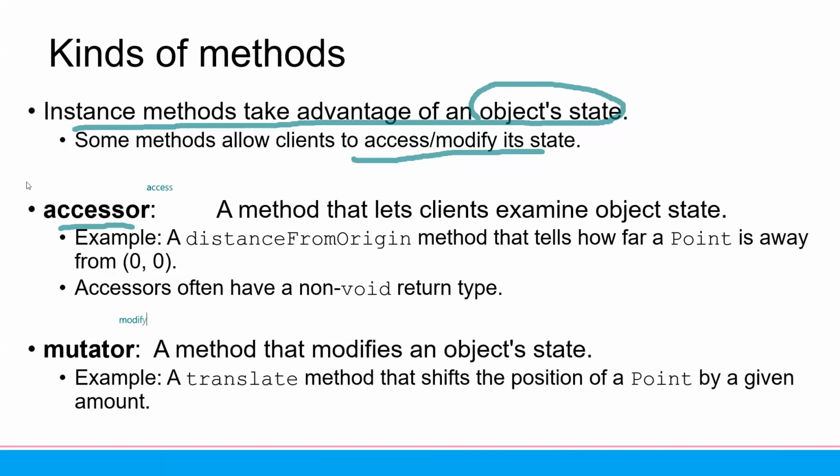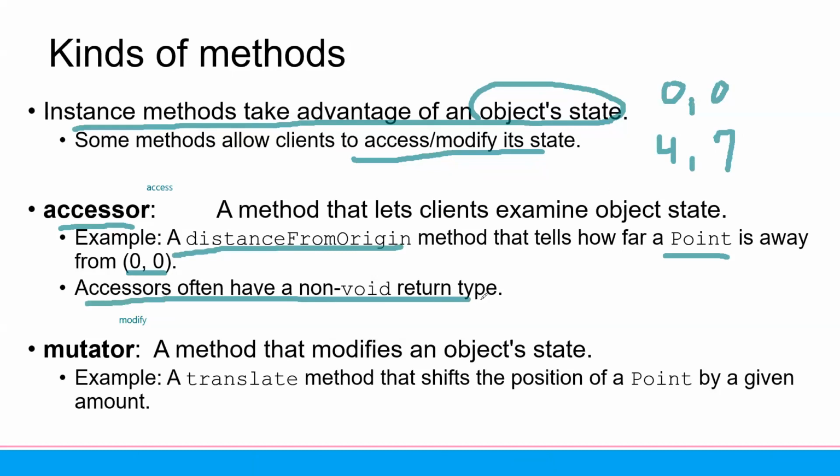For example, I want to know what is the distance from a point to 0,0. So I have, for example, 4,7, and I want to know what is the distance from 0,0. So the accessor often has a non-void return type. Non-void, what does it mean?